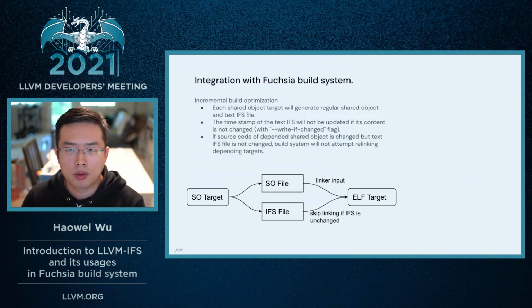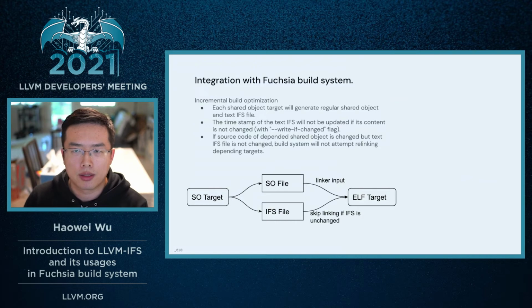So how do we use the LLVM-IFS in Fuchsia? Currently, we have 2 main use cases. One is to avoid unnecessary relinking in incremental builds. To do that, for each shared object target in the Fuchsia build, we will generate a regular shared object file and a text-based IFS file.